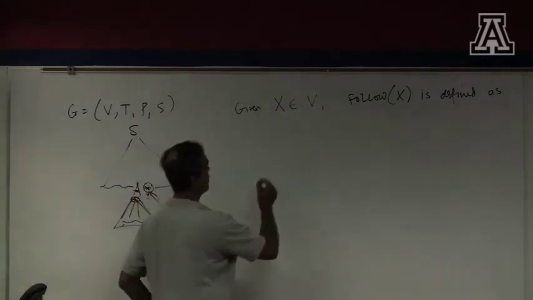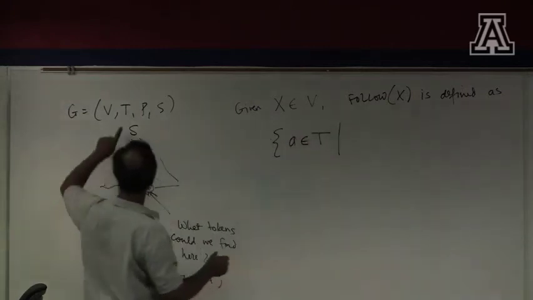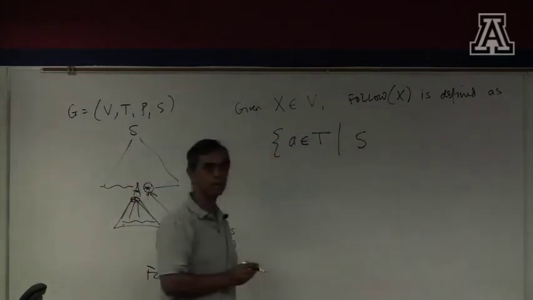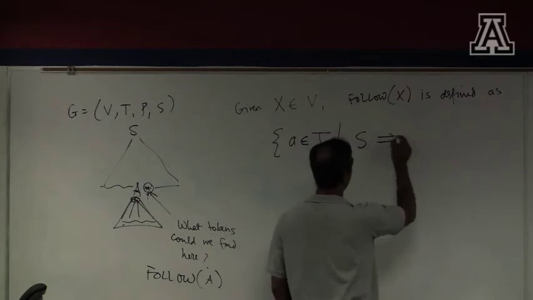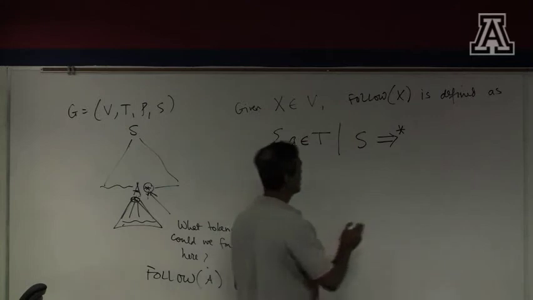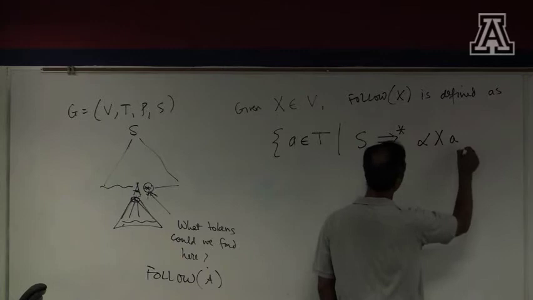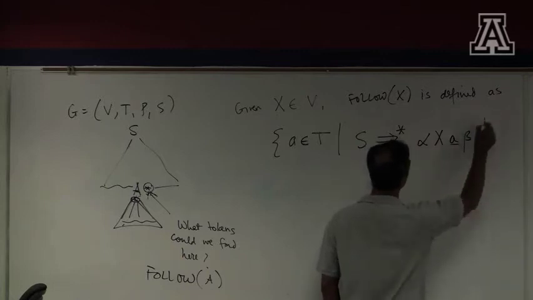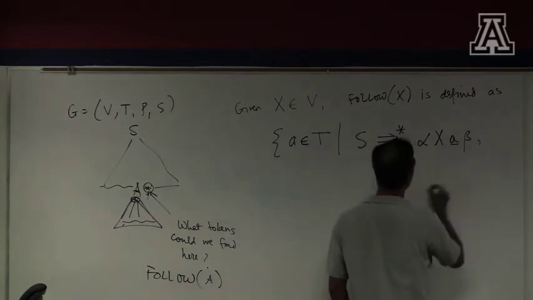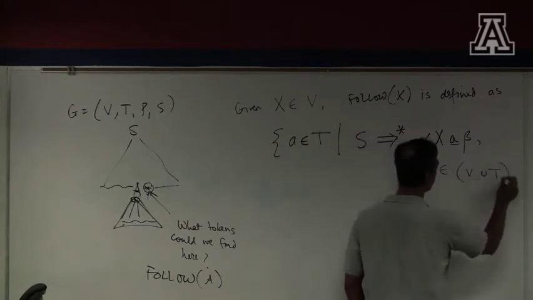So follow of X is defined as the set of symbols in T, such that starting from the start symbol, in some number of derivation steps, I can compute alpha X a beta, where alpha and beta are in (V union T) star.